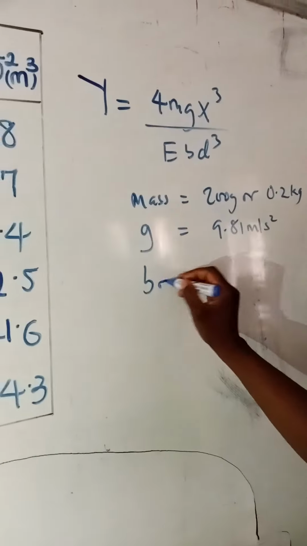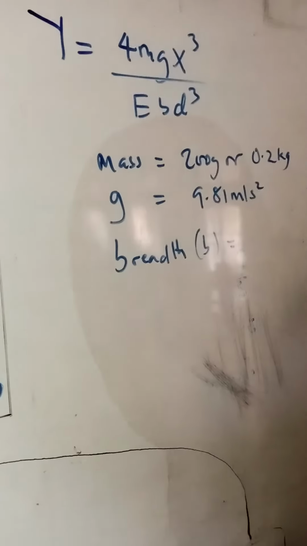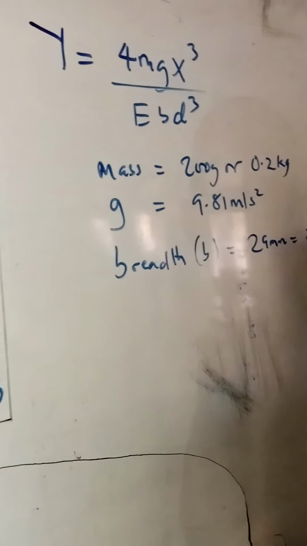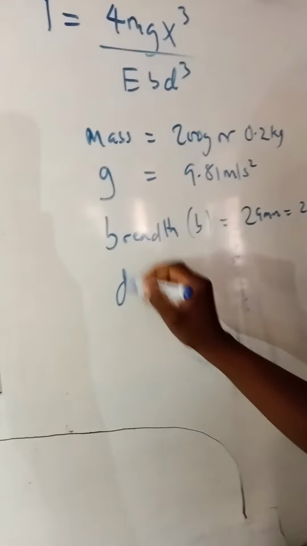B is the breadth, that is the breadth of our meter rule. The breadth of our meter rule is 29 millimeters, which is 29 times 10 raised to the power minus 3 meters. While d is nothing but the thickness of the meter rule. The thickness was measured using a micrometer screw gauge as seen here.